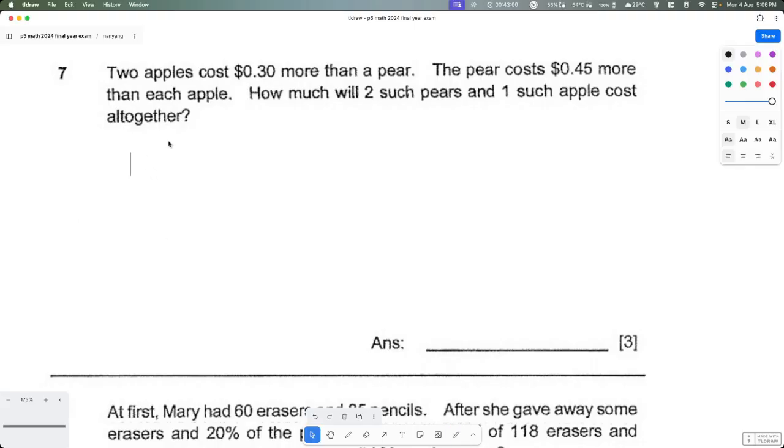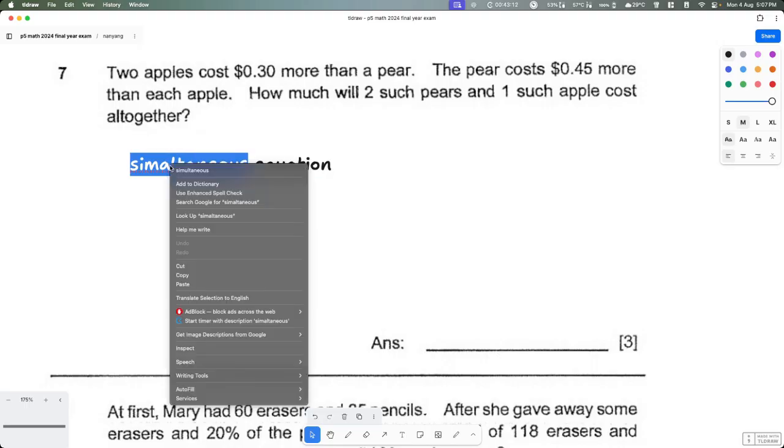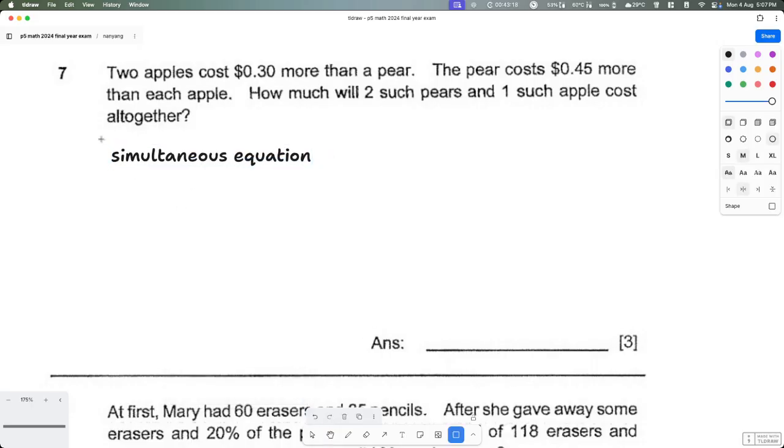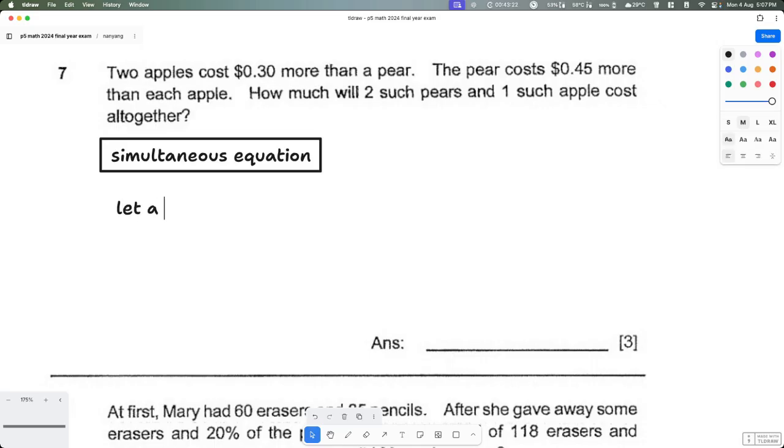Okay, so what we're going to do is use a simultaneous equation. Okay, simultaneous equation. So that means let A be apple and let P be pear.